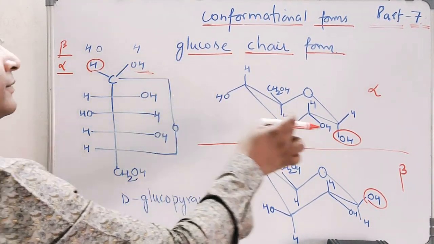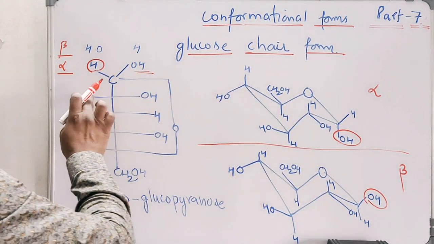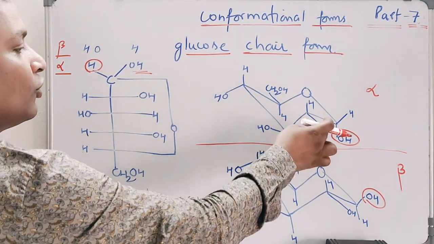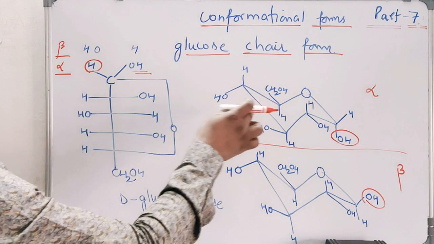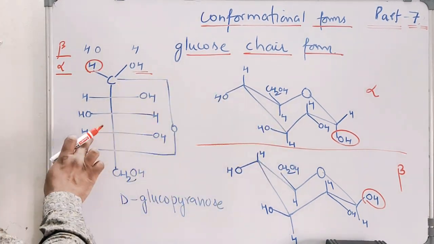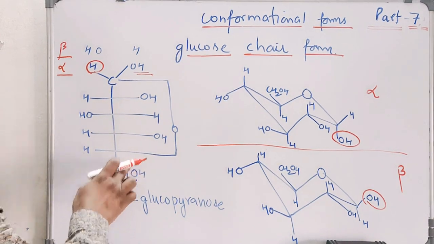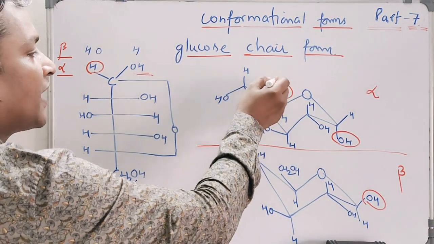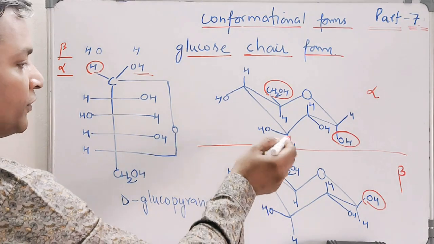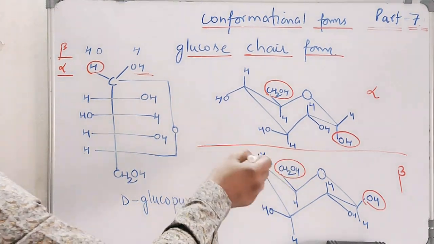So H, OH, H, OH, OH, H, H, OH, and CH2OH is always above, as you can see here, always above. So this is the alpha form.